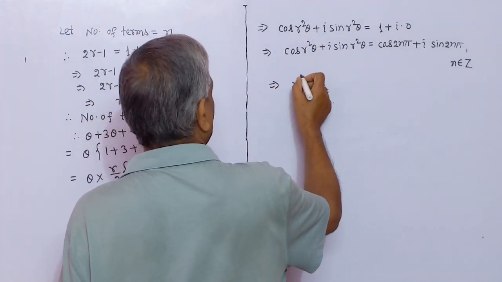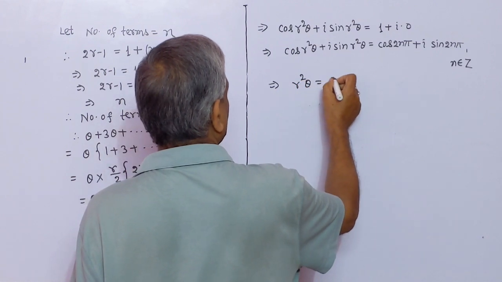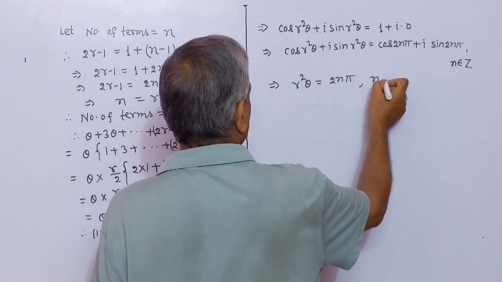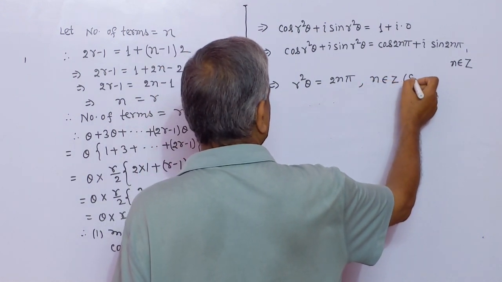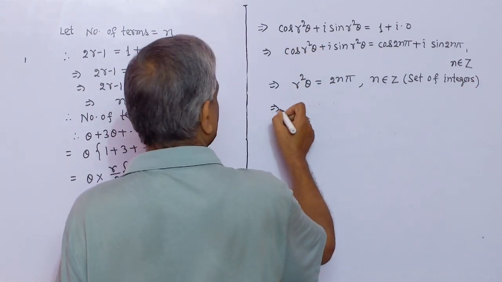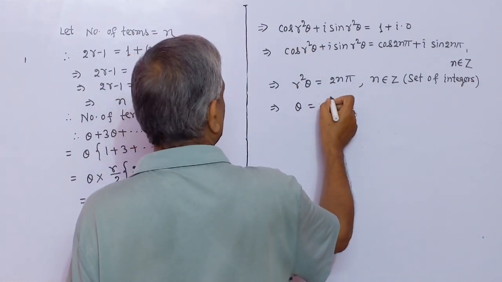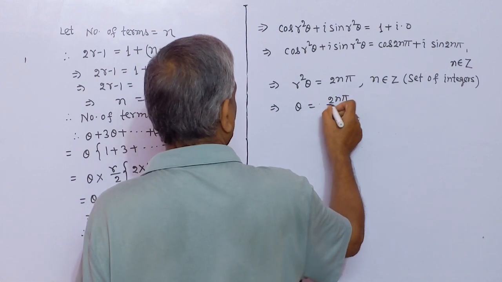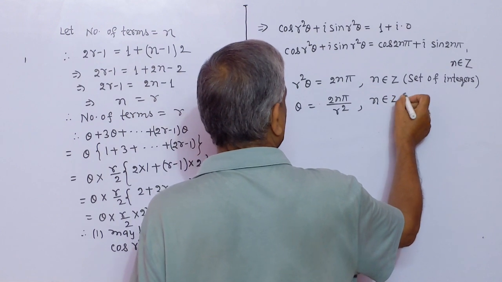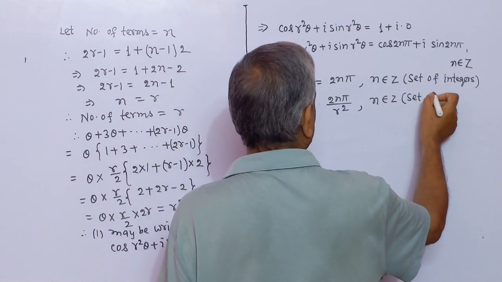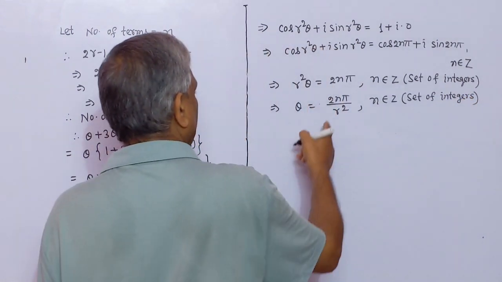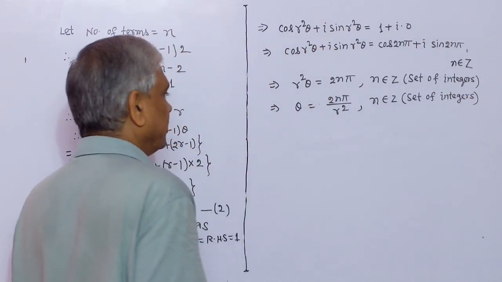Implies that r square theta equal to 2n pi, n belongs to Z. Implies that theta equal to 2n pi by r square, n belongs to Z, where Z is the set of integers. Therefore, our problem is solved.